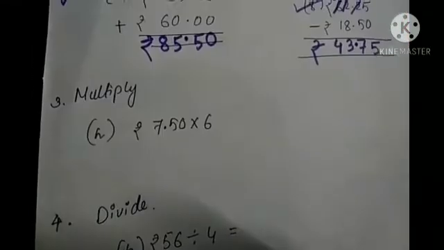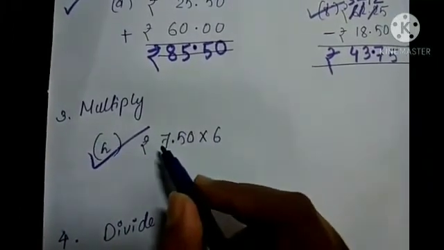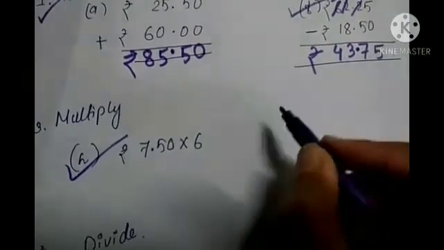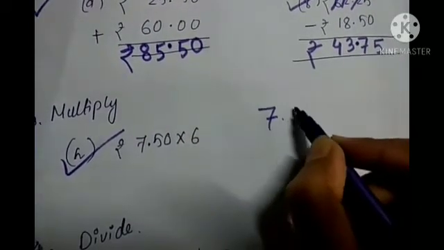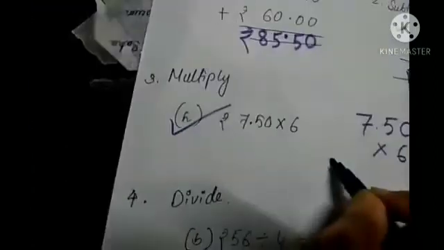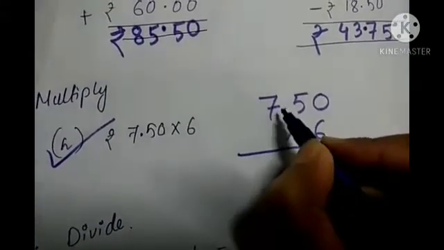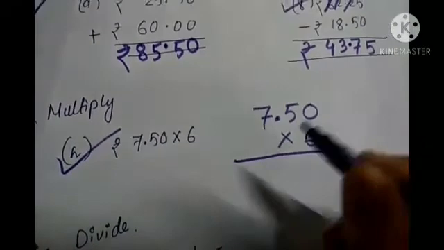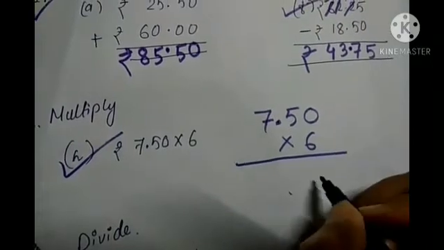Okay, question number 3, part H I'm showing. It is given rupees 7.50 into 6. It is written like this, so you can use this column method also. In the case of multiplication it is the same. Just at last when you get the answer, in that place you have to put the point.